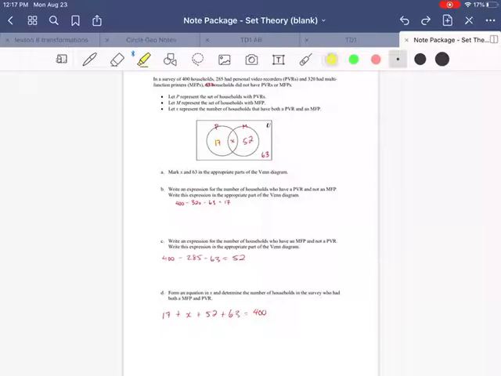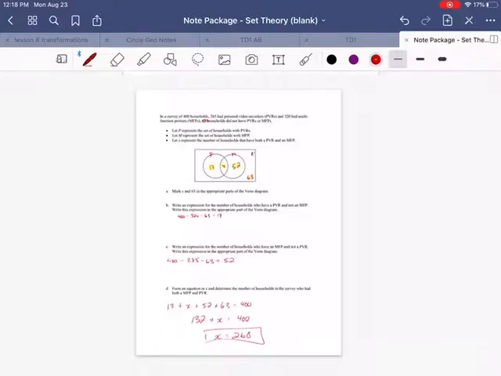So this plus this plus this plus this has to equal 400. And if you do a little algebra, you get 132 plus x equals 400, which means that x is 268 that are going to have both.